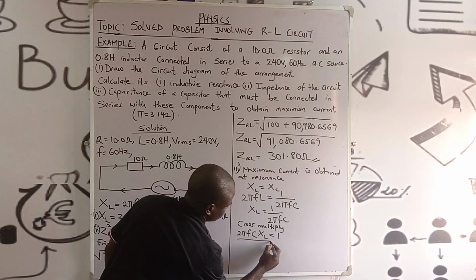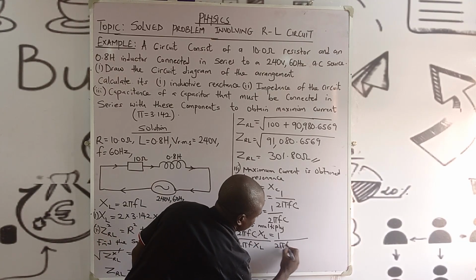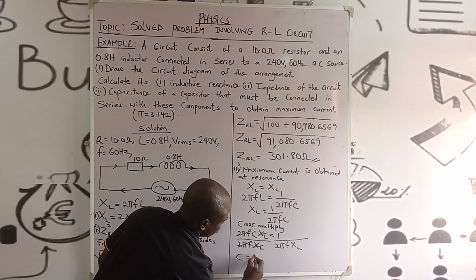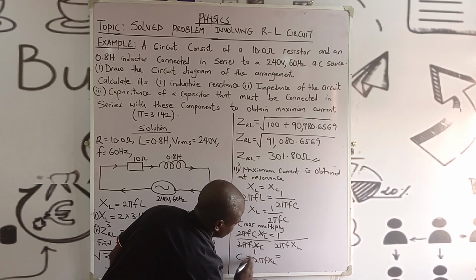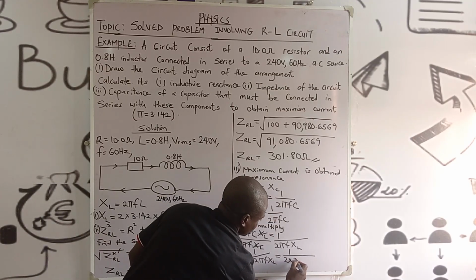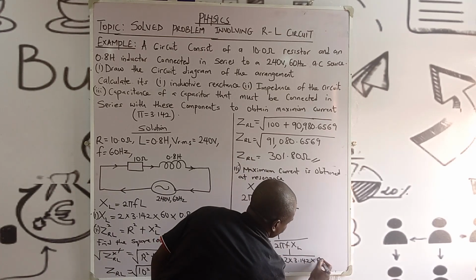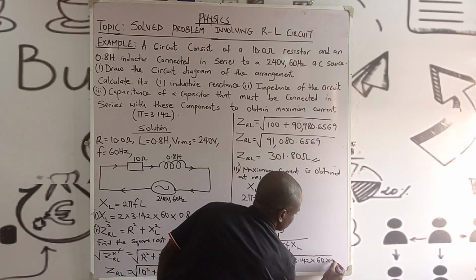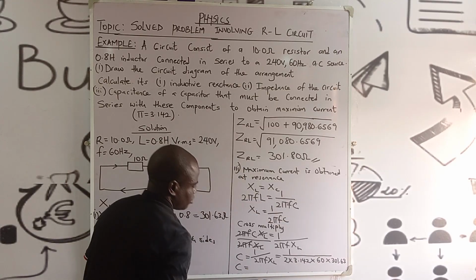We are looking for C, so divide both sides by 2 pi F XL. This cancels out, leaving C equal to 1 over 2 pi F XL. This is 1 over 2 times 3.142 times 60, our frequency, times XL, and XL is 301.63.